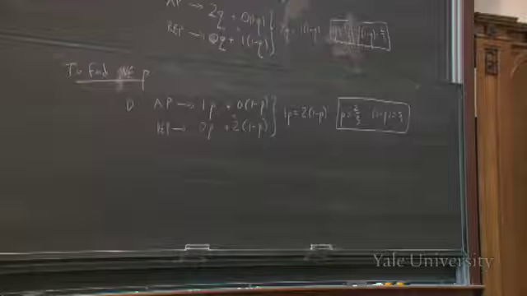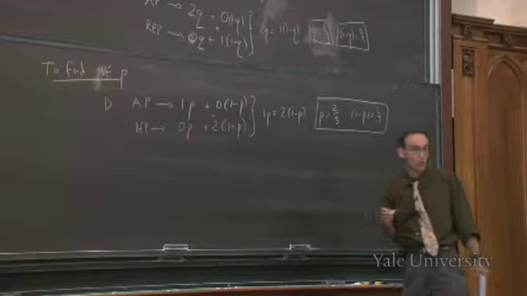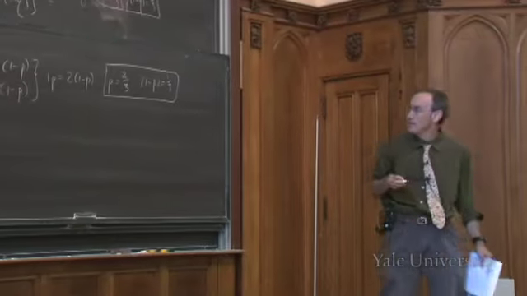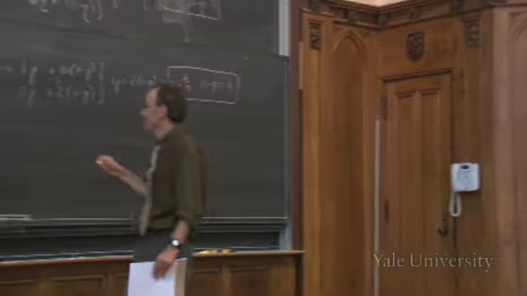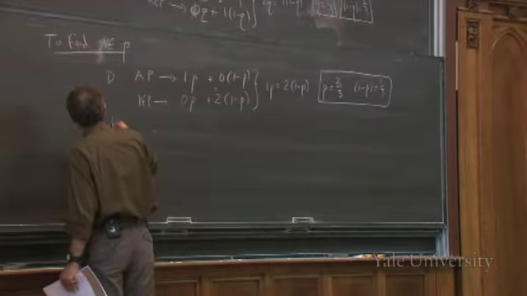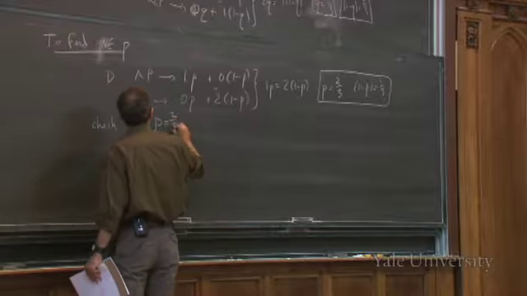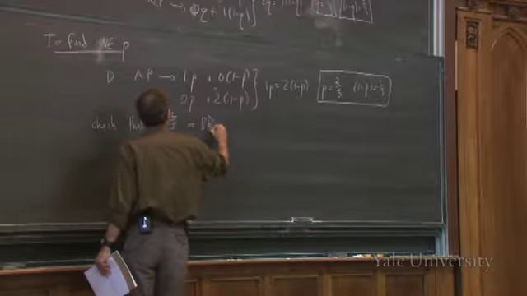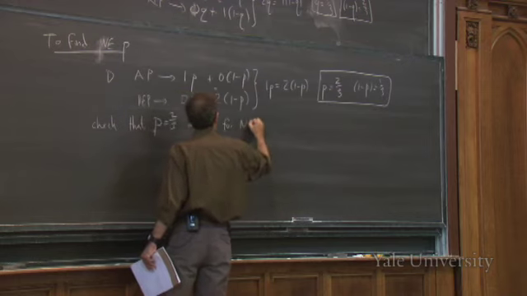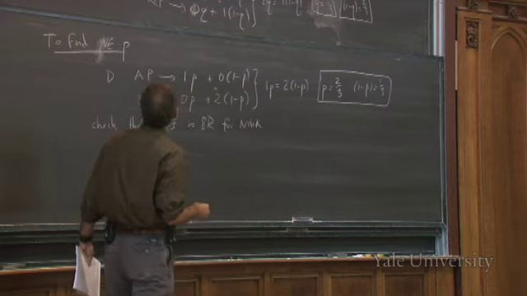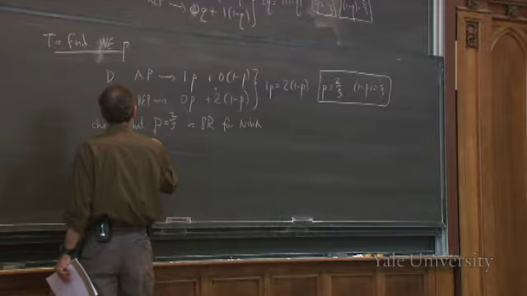Let's check that this is in fact an equilibrium. All right? So in particular, let's check that it is in fact an equilibrium for Nina to choose 2/3, 1/3. So check that p equals 2/3 is in fact a best response for Nina. All right, let's go back to Nina's payoffs.